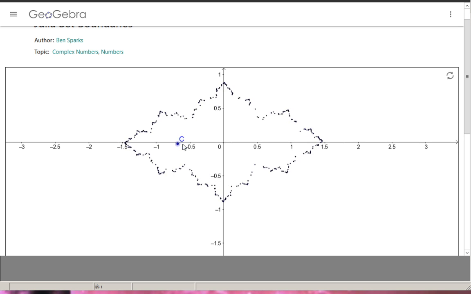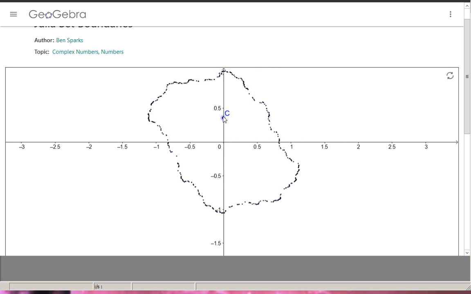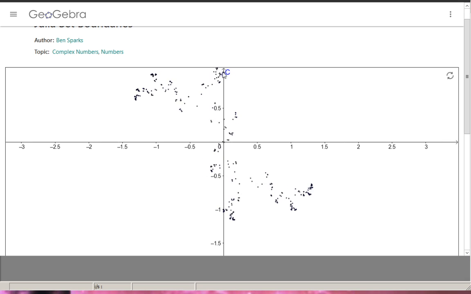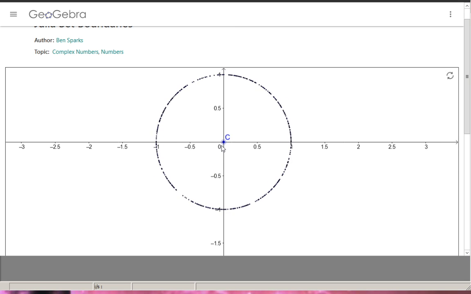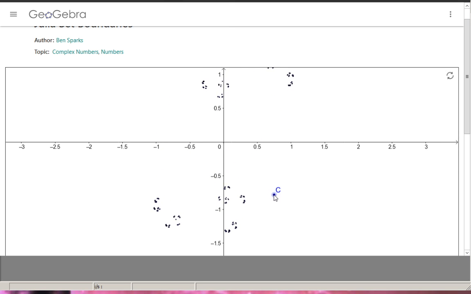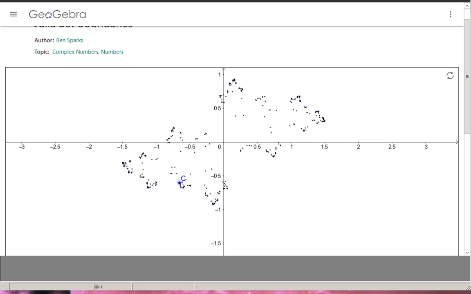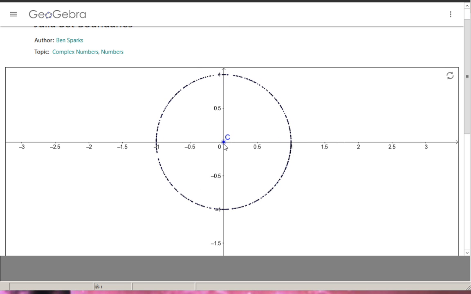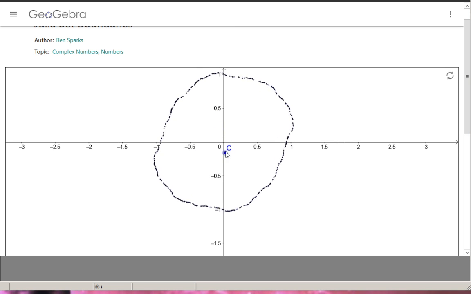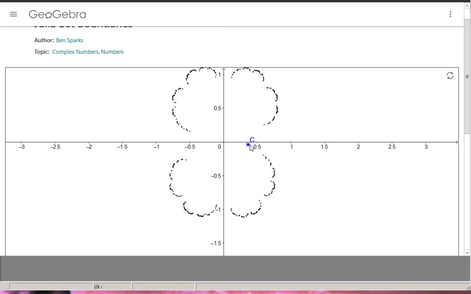So if I go that way, it does that. If I go that way, it does that. If I go this way, what if I go this way? If I go along that axis.